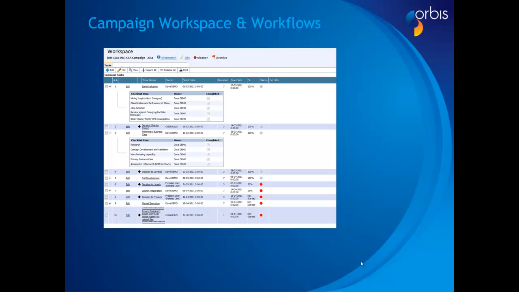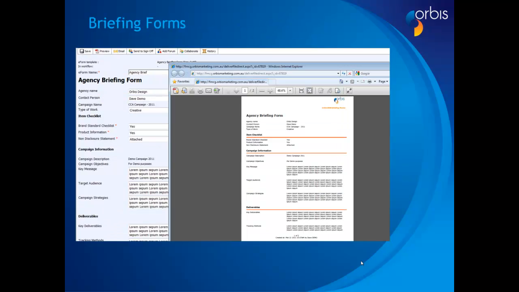Orbis MRM supports this at a campaign level by firstly having a concept of a workspace. This is a campaign workspace which people are invited to, so all your agencies and people internally are able to work together and follow a timeline, and these timelines have statuses and notifications. Orbis MRM has briefing forms which are electronic, and the idea of these is that they're not just a Word document or something that travels around and we lose the version.